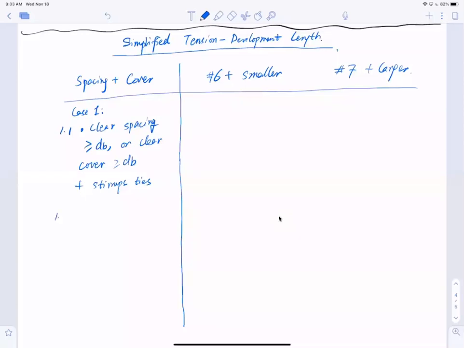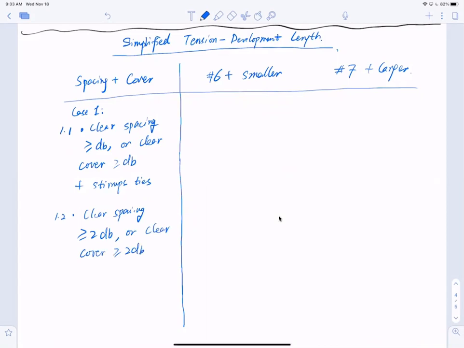And the second subcategory is clear spacing bigger than 2 times the diameter of the bars, or clear cover bigger than 2 times the diameter of the bars.